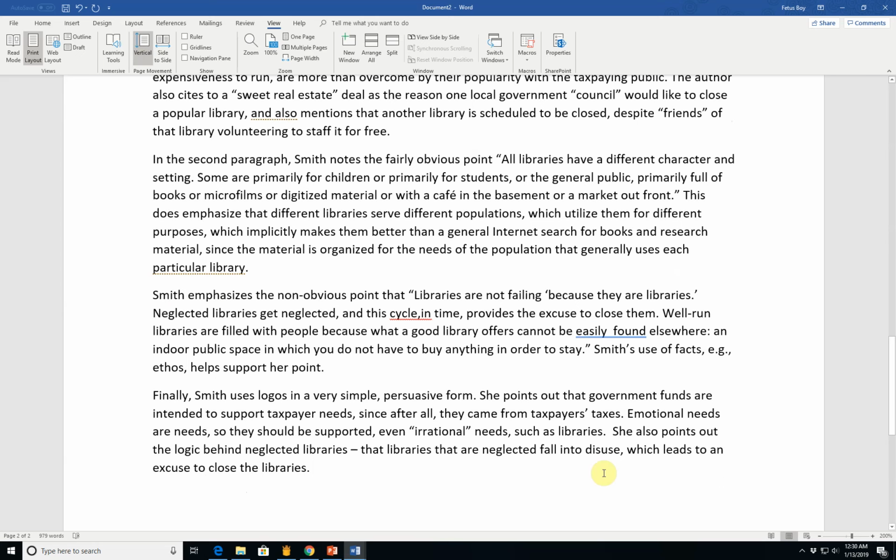Above, Smith uses Ethos, Pathos, and Logos to make a very solid argument in favor of libraries.